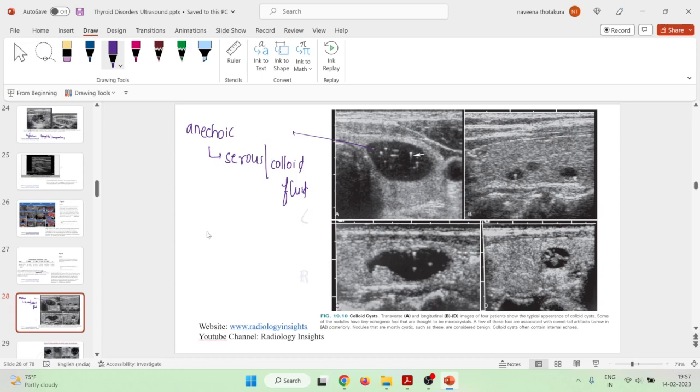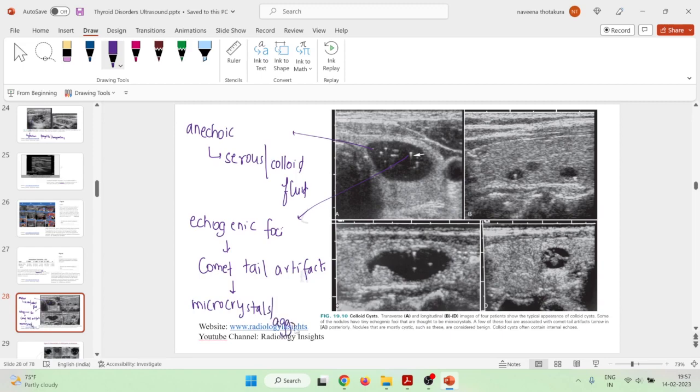Number two, sometimes you can also see that the fluid has echogenic foci, right? So this is that echogenic foci which is seen. This echogenic foci is called comet tail artifacts. These comet tail artifacts are mainly caused due to microcrystals or due to aggregates of colloids.